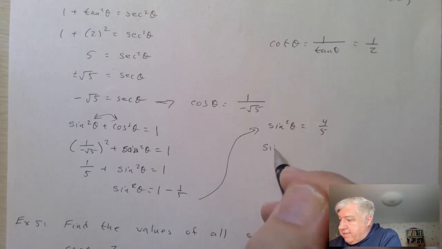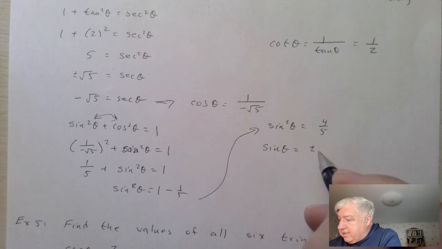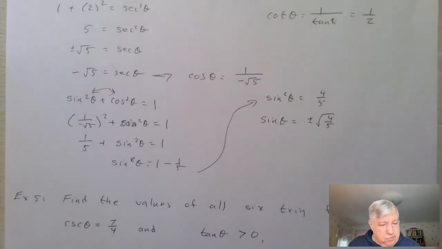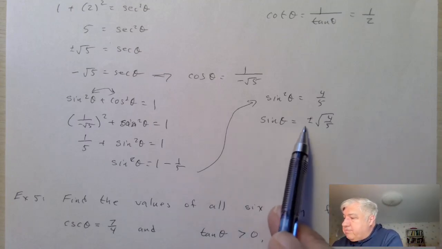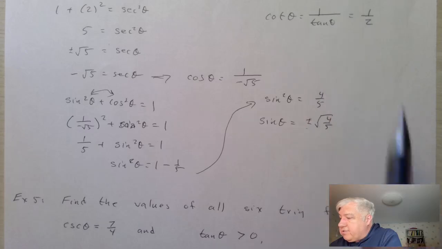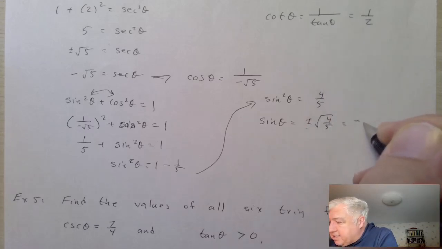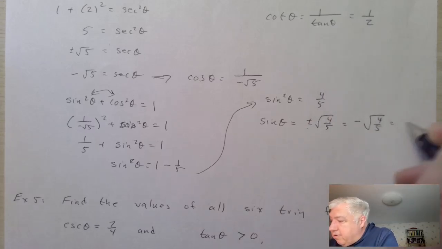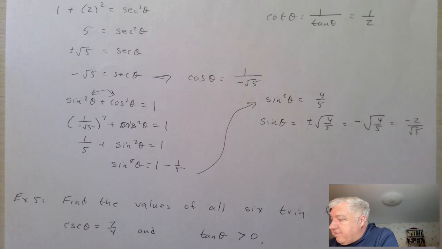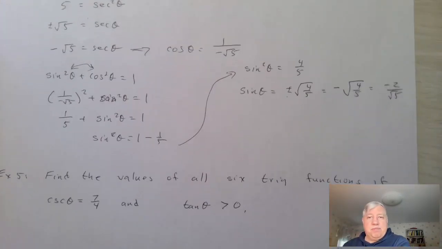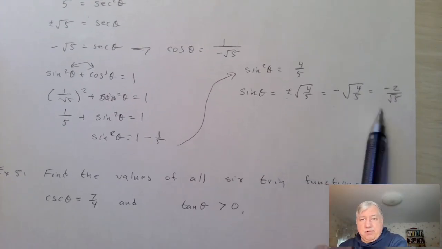And so sine of theta is going to be plus or minus the square root of 4/5. Which sign? We're in the third quadrant, so sine is negative, so this will be minus square root of 4/5, or minus 2 over square root 5. Again, you can rationalize this if you want, but I accept either one of these.